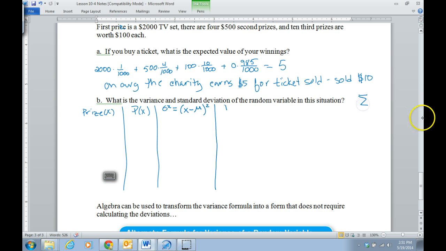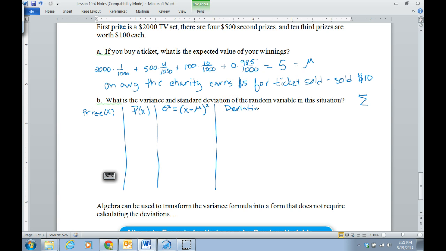This one's usually used for standard deviation or variation. This one's used for summing, adding up things. Mu will be $5 in this case. Should we just write 5? Yeah, you can.